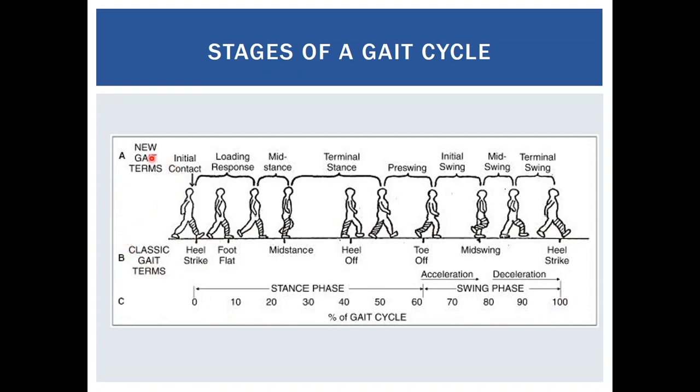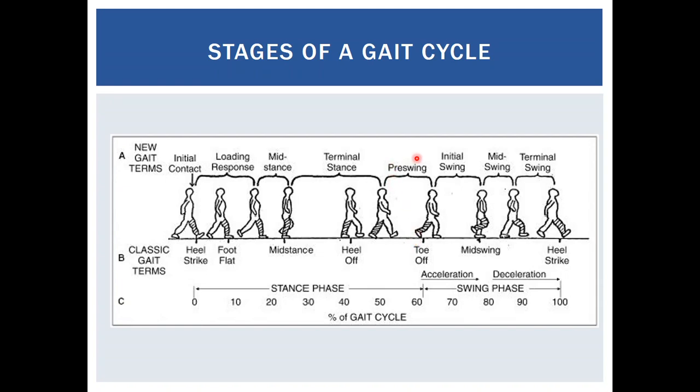So there are new gait terms which say initial contact. The heel strike is called the initial contact. The flat foot and the toe and the mid stance is called the loading response, because the whole load of the body is transferred to the leg that is flatly placed on the ground. And then you have the mid stance, where you're balancing on one leg, and then the terminal stance, because the other foot is slowly reaching the ground and it is having a heel strike.